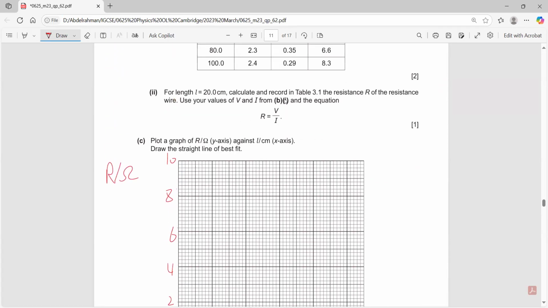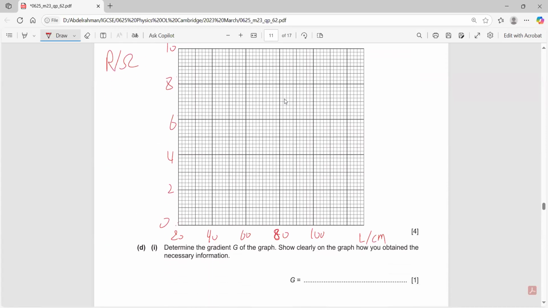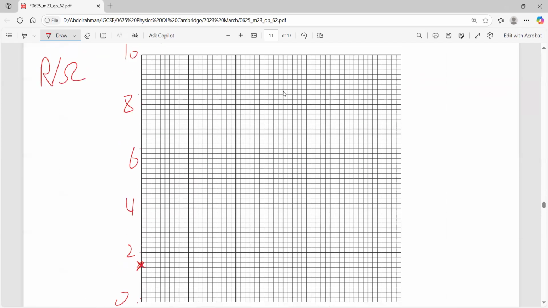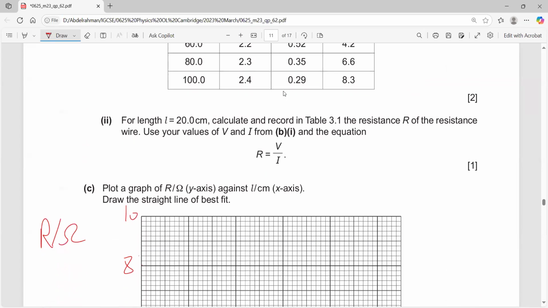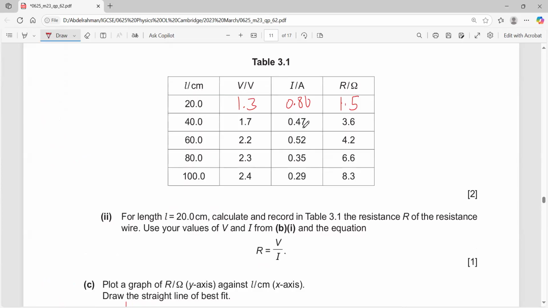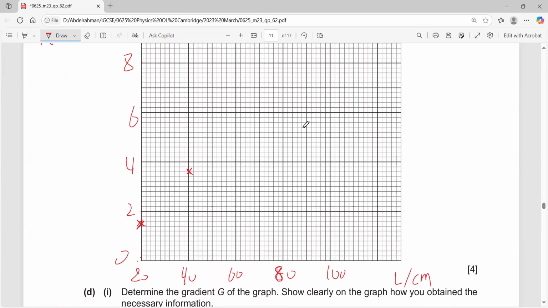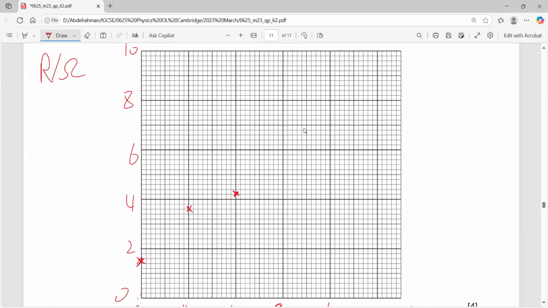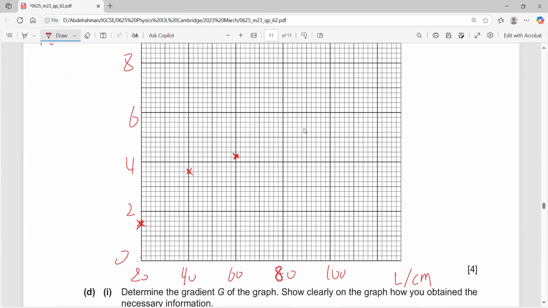Now, let's plot the points. Let me zoom in a bit. So this is 20 and 1.5. 40 and 3.6. 60 and 4.2. 80 and 6.6.